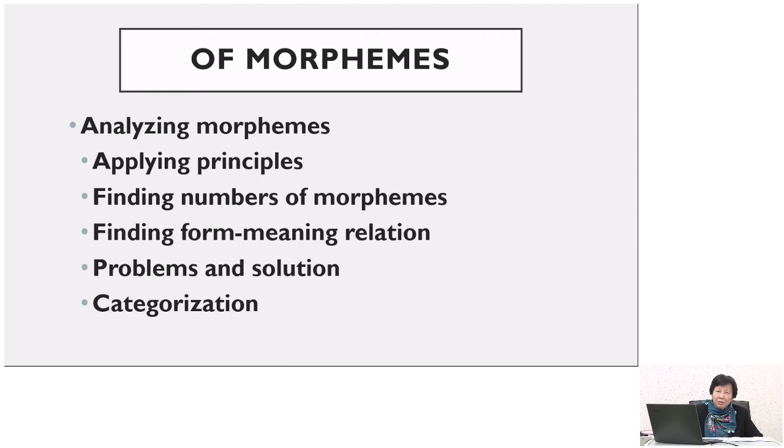So if you are going to analyze morphemes, you have to apply principles to get the morphemes. If you are going to find the number in morphology, you have to find the number of morphemes existing in the language or existing in the data that you gather. So you see that it depends on how big your data gathering is. So this is the way.